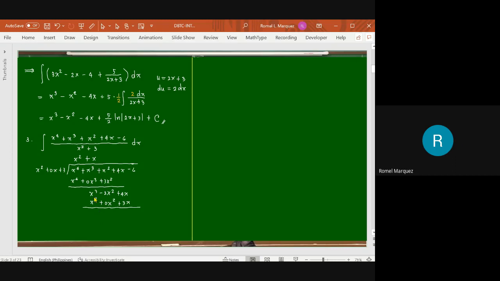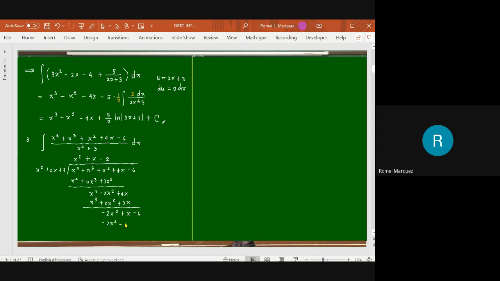What's the difference? 0, negative 2x squared, and then here, plus x, bring down negative 6. Am I correct, guys? So negative 2x squared divided by x squared, that is negative 2. Negative 2 times x squared, that is negative 2x squared.